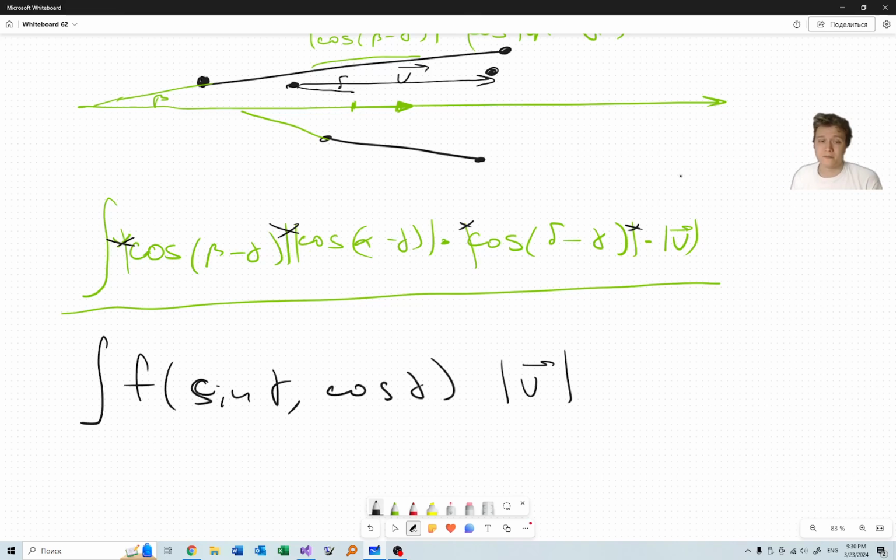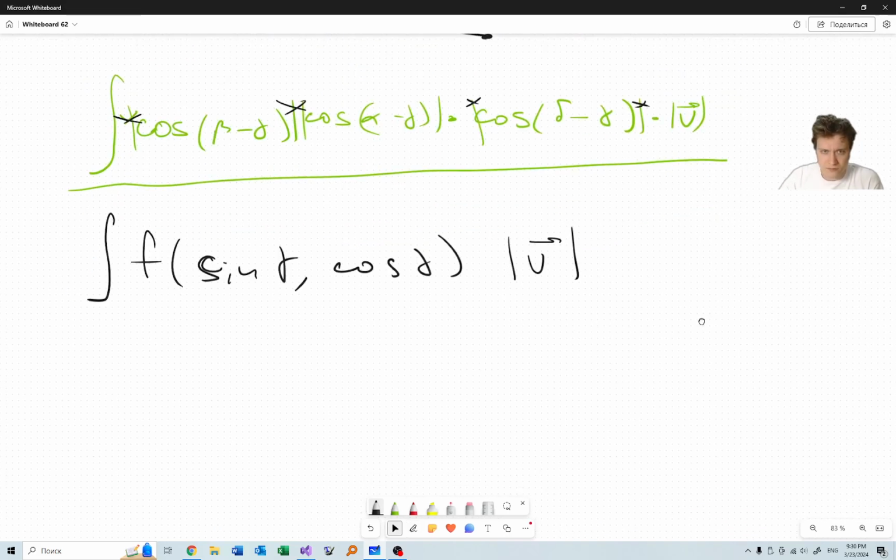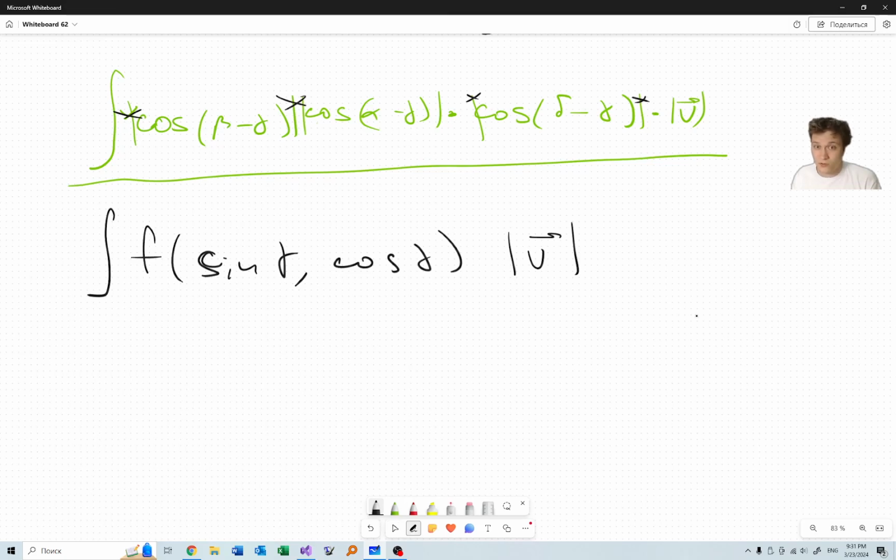Okay, let's try. It's worth a try. Actually, it's much better than everything that was before, because it's not a very hard integral. Okay, let's start. Well, I don't want to calculate it, but we will.